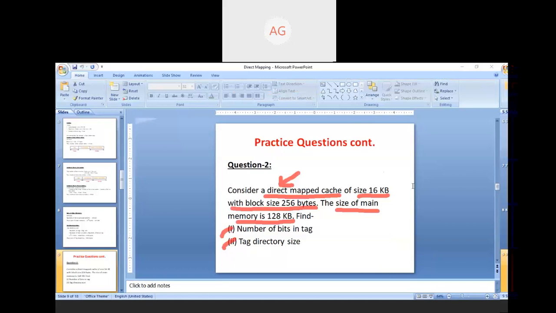Just try it. And write the answer in the chat box if anyone finds the answer.